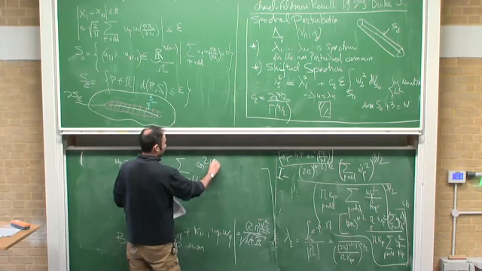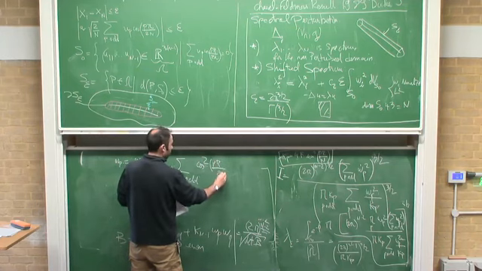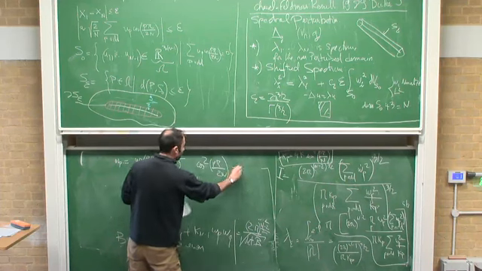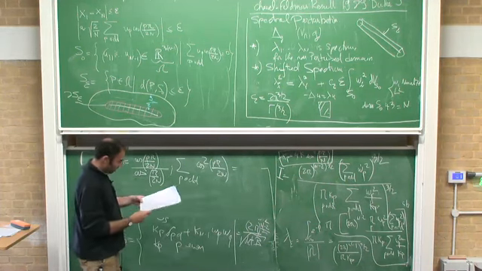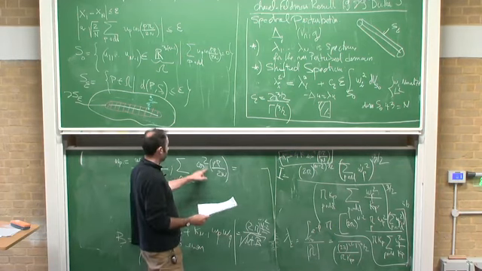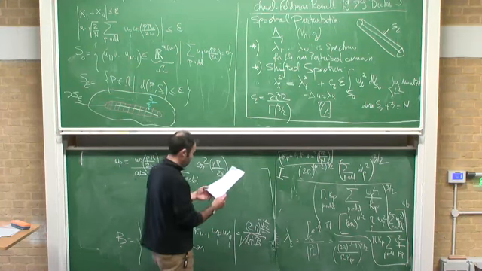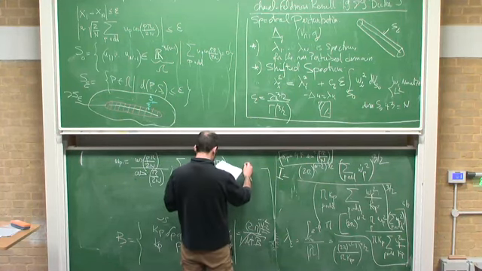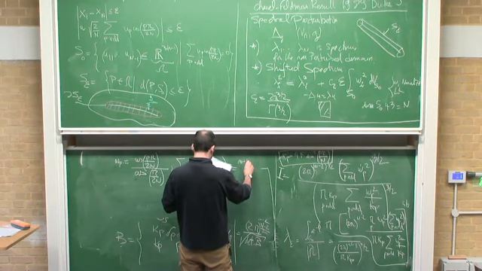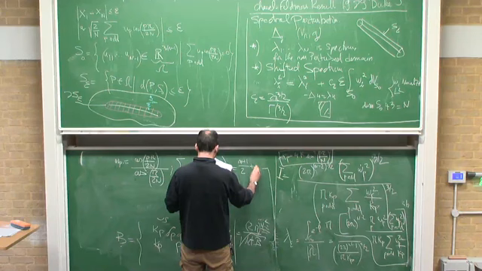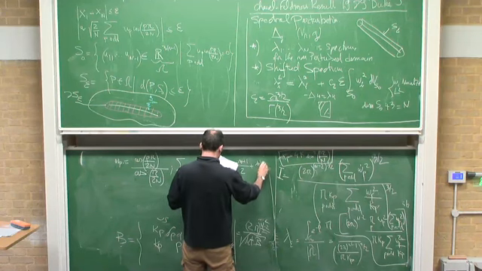Cosine squared of p pi divided by 2n for p odd. And this turns out you can calculate by different methods. You can linearize and just sum the exponentials. It's not very hard.